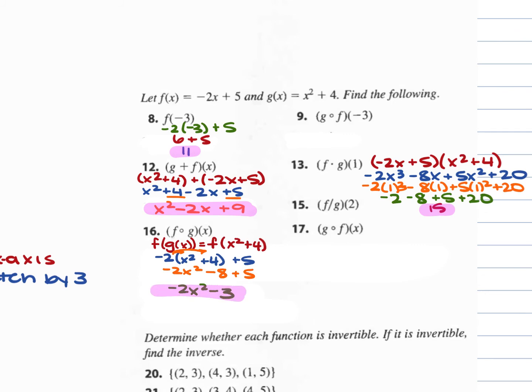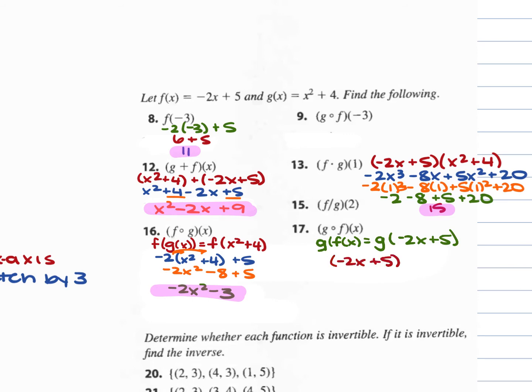For 17, we have g of f of x. So again, this is the same exact thing as saying g of f of x. So we're plugging in f of x for x in g of x. So it's going to be g of negative 2x plus 5. This is going to give us negative 2x plus 5 squared.